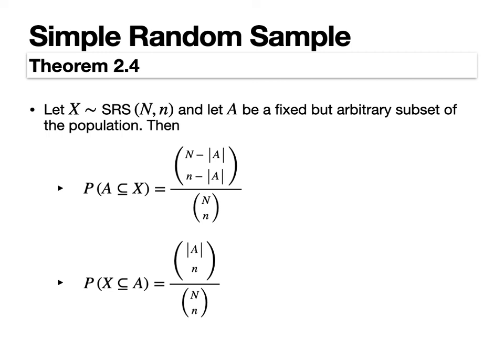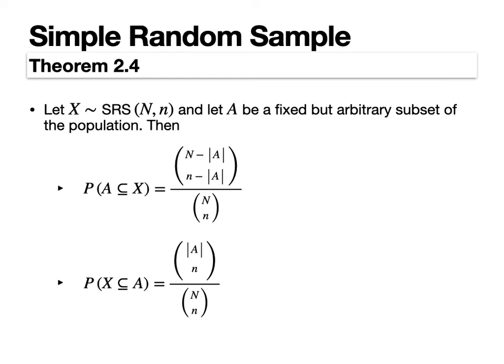You're asking here, what's the probability that a random sample of size n consists of all Democratic voters? It's probably a very small probability, right? But you could calculate it, and this shows how to calculate it. It turns out that probability is the cardinality of A choose n, divided by that same denominator again, capital N choose n.